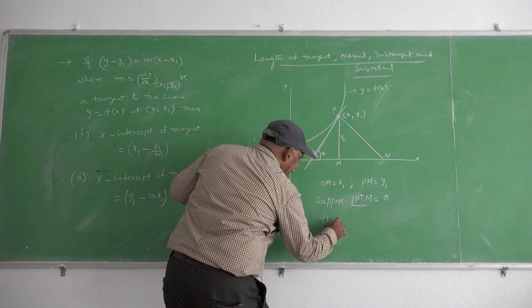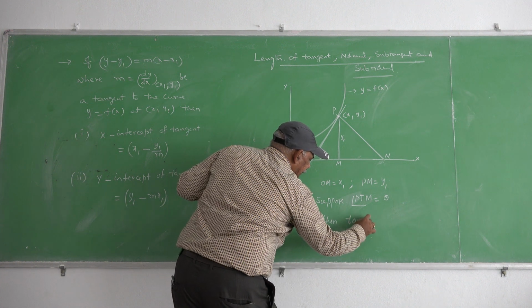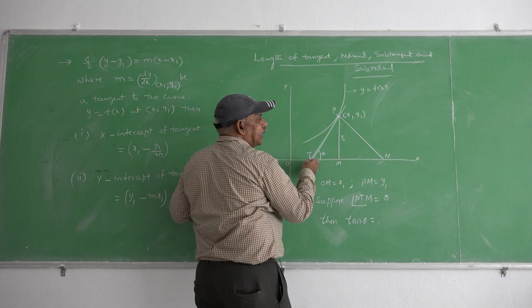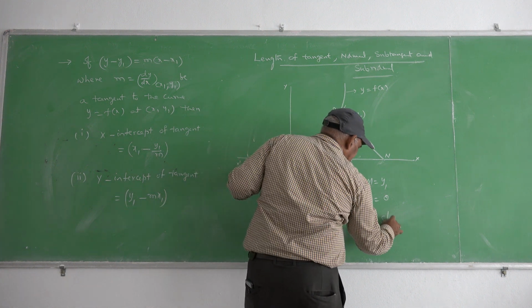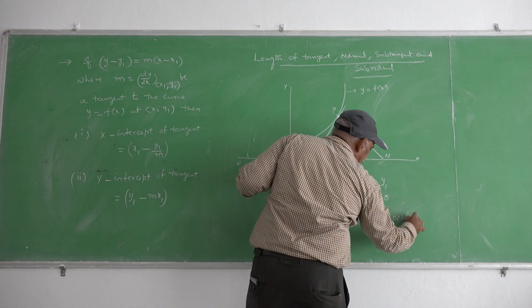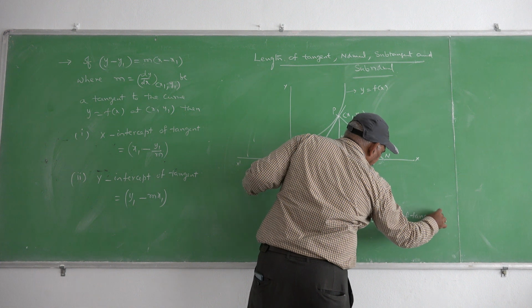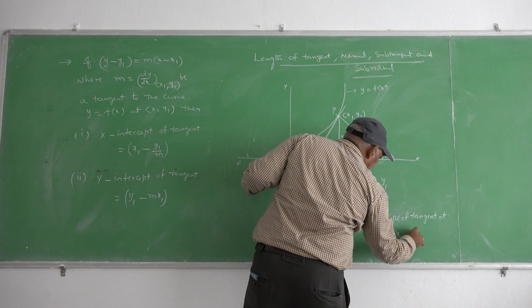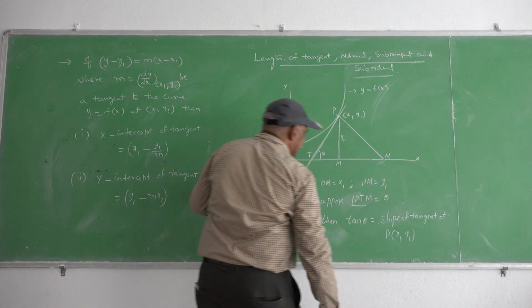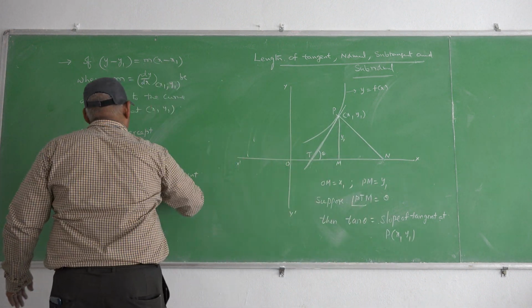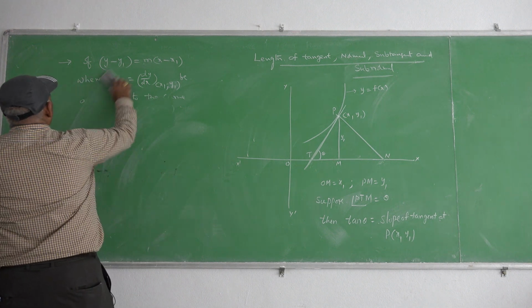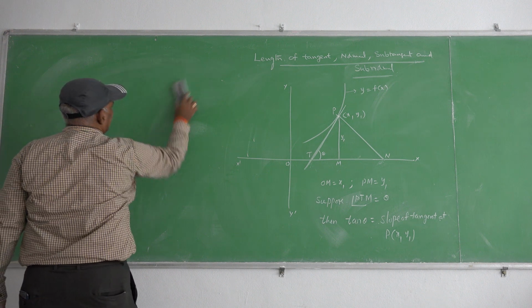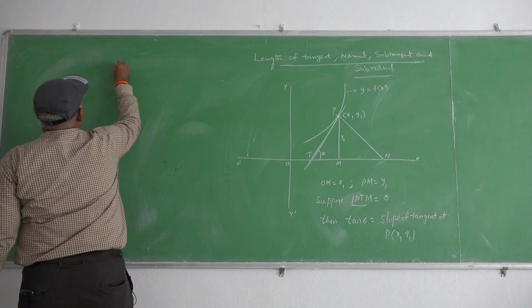Then tan theta is the slope of the tangent at P(x1, y1). The slope of the tangent is given by dy by dx at (x1, y1).